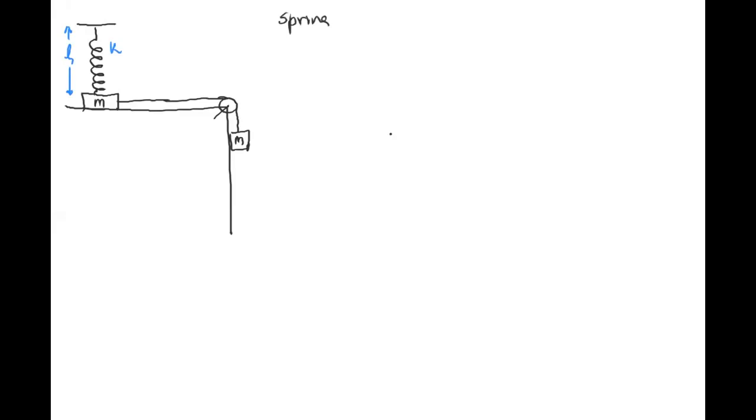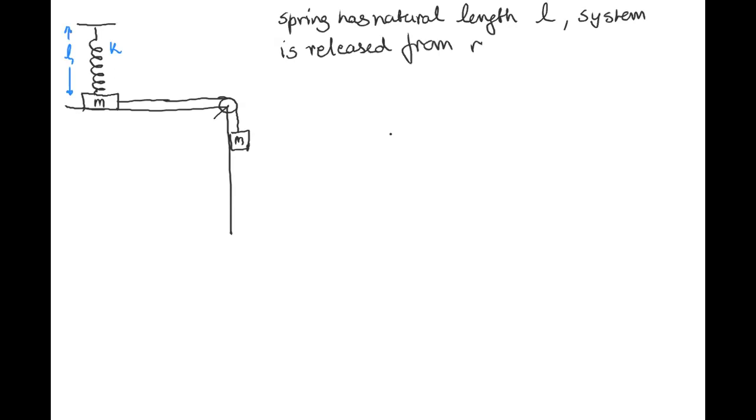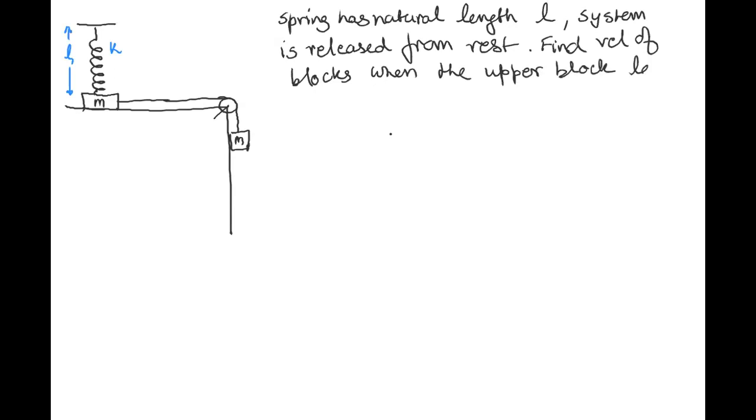So spring has natural length, system is released from rest. Find the velocity of block when the upper block leaves the horizontal surface.